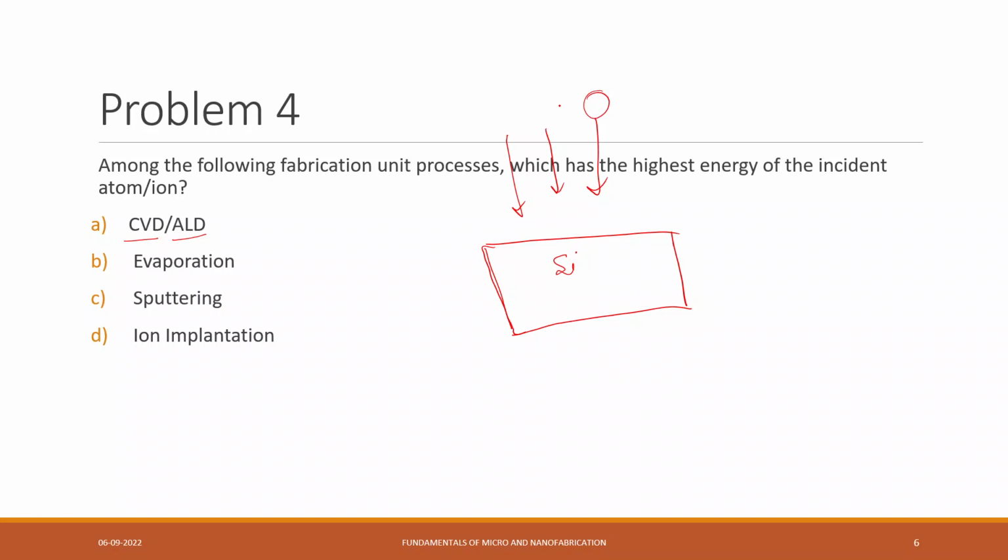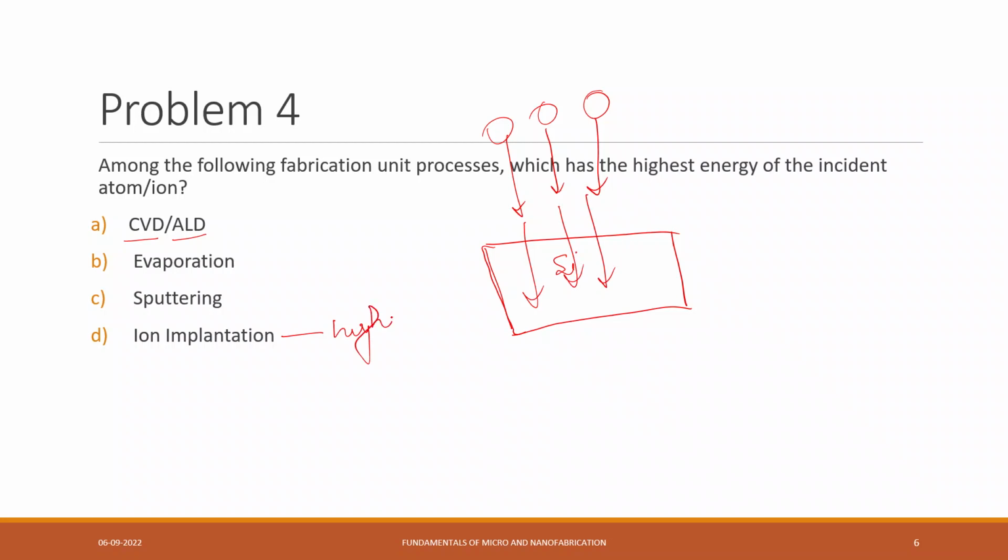Basically, the ions will go inside the silicon layer, so it requires a lot of energy. This is the highest energy that we provide to silicon, because the other things are coating processes, but ion implantation goes into the bulk of the silicon wafer, so that's why it has the highest energy.